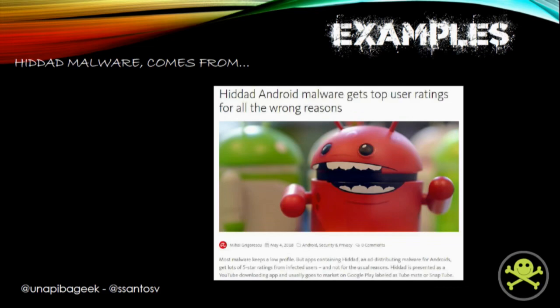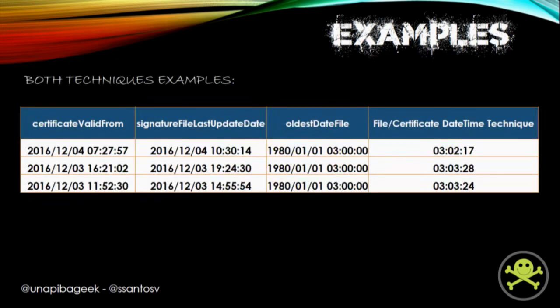Now, we have, for example, HIDAD, that we took a few samples from. We checked this malware had both techniques. You could check that with both techniques, it came from GMT plus 3, which is Russia again.